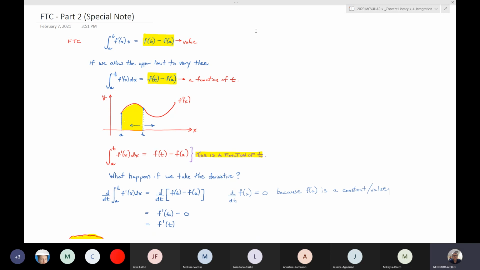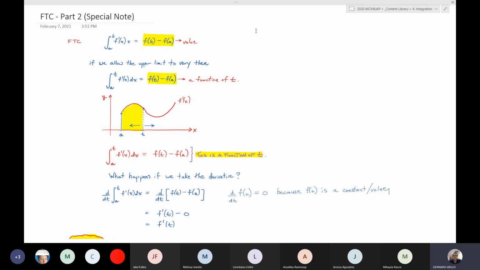It can even be on the left-hand side of a if we wanted it to, if the function went past there. So t is moving. T can be any value. So under the graph, I've summarized that the integral from a to t of f prime is f at t minus f at a. That result is a function of time.